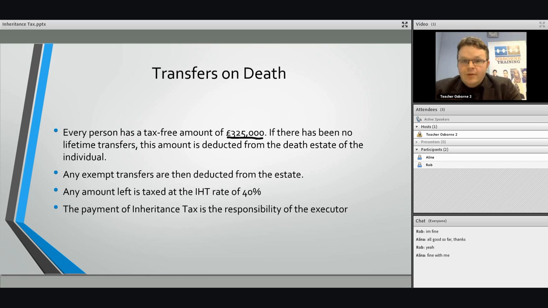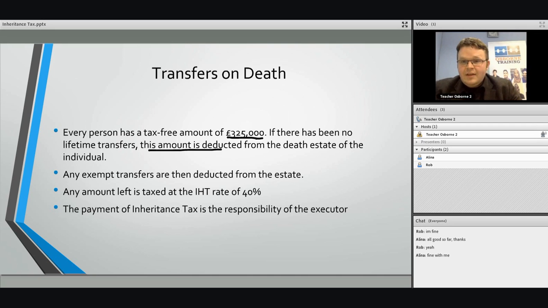The nil rate band for the 2016-17 tax year is £325,000. Now this hasn't changed in the past couple of years, but if you look at rates in years before, you'll see that it was a lot lower. The 325 has stayed for quite a while. So if there have been no lifetime transfers, this amount is simply deducted from the death estate.